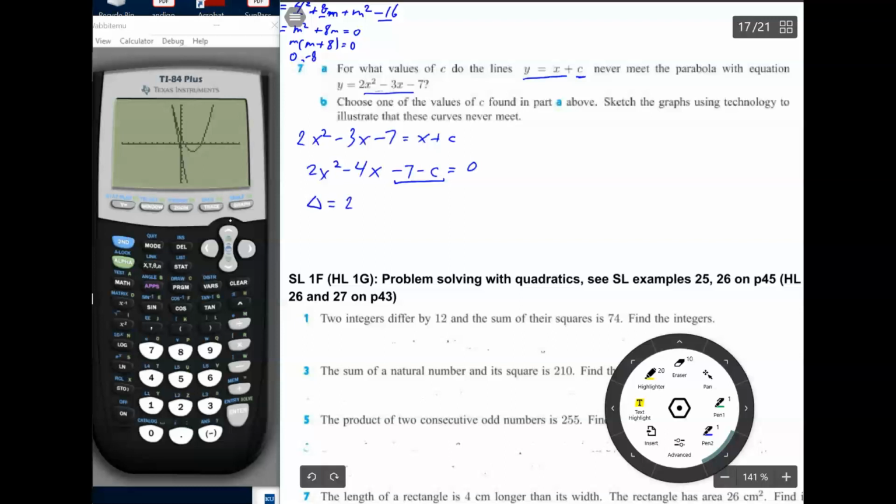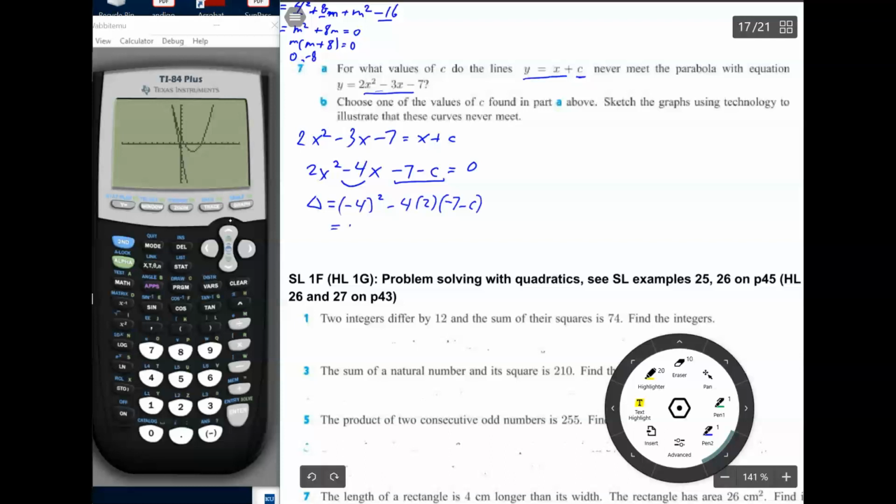It'll be b squared, so our b is negative 4 squared, minus 4 times a times negative 7 minus c.